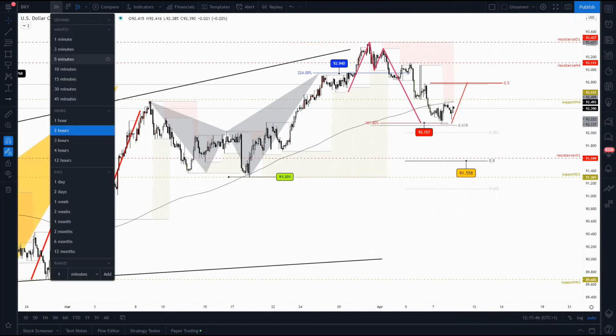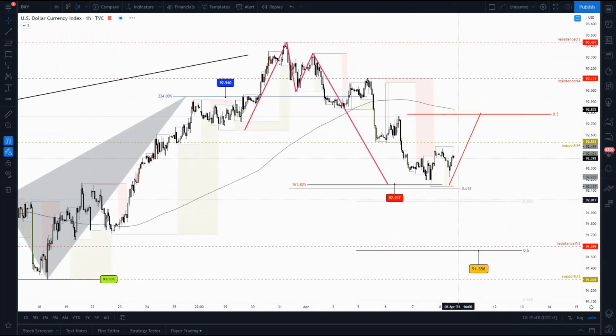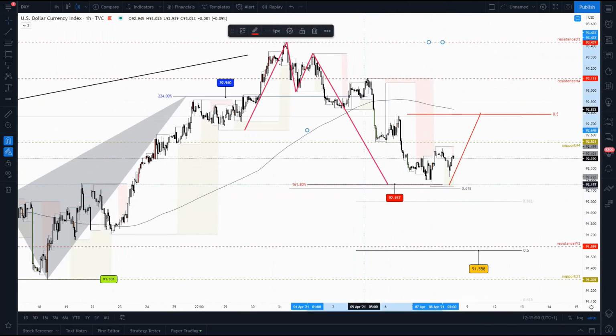So yesterday I also shared the possibility to form this shark pattern at the golden fib. As we can see, the price nailed that golden Fibonacci at 92.15, and it has started to bounce. So again, I don't know the outcome.